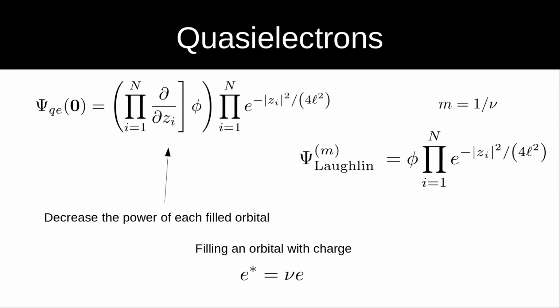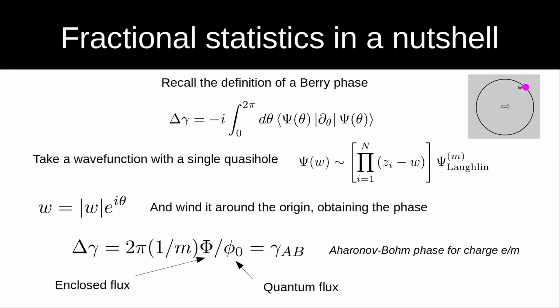This is a little bit more complicated than what we are stating here, but at our level, let us just assume that if you want to create the opposite of a quasi-hole, you can just remove a power by inserting a derivative in your wave function. And when you do this, you also get fractional excitations, but now they have the opposite charge. So you essentially pull charge towards the origin.